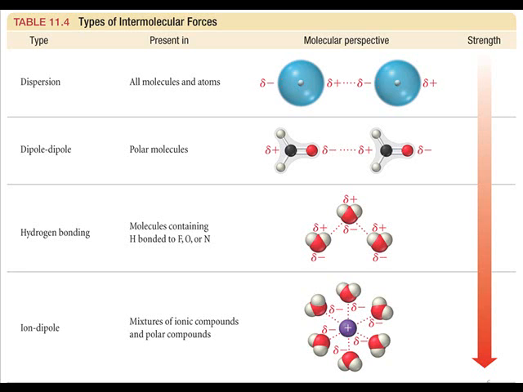Now, a second type is dipole to dipole, and this takes place as permanent dipoles. We have an unequal distribution of the electrons in the molecule permanently. Because of this, you can often get a stronger attraction between the two molecules, which is what you see there.